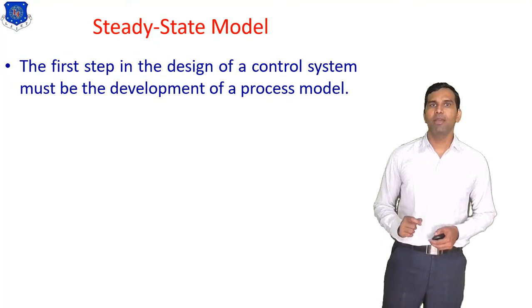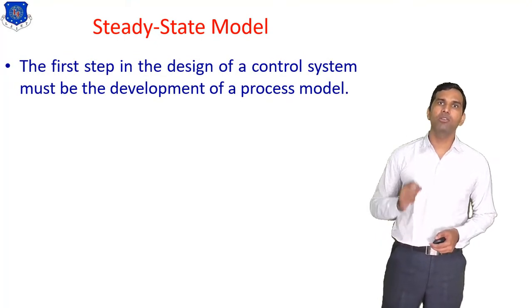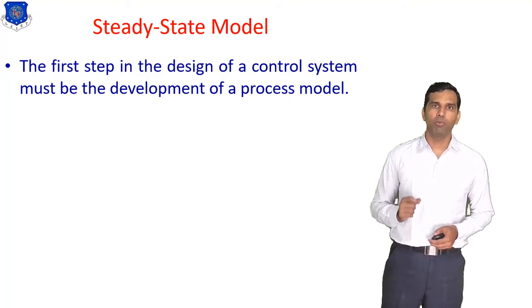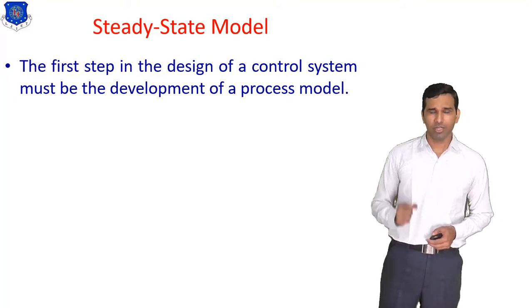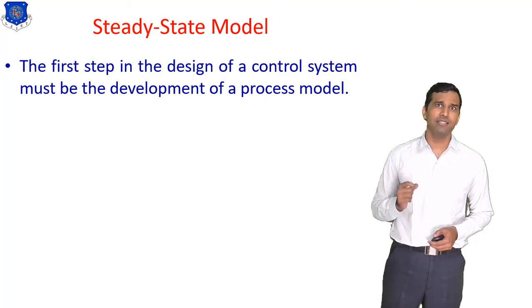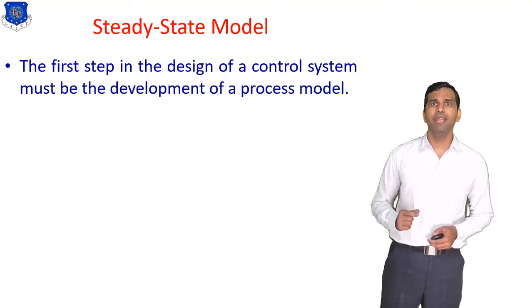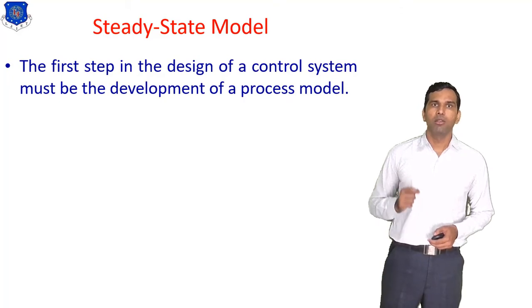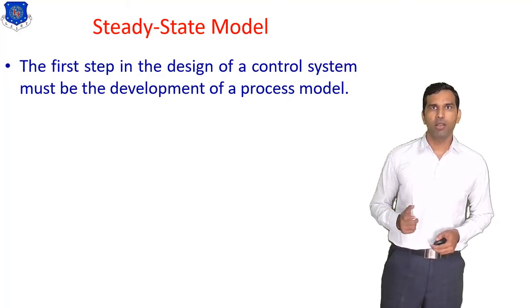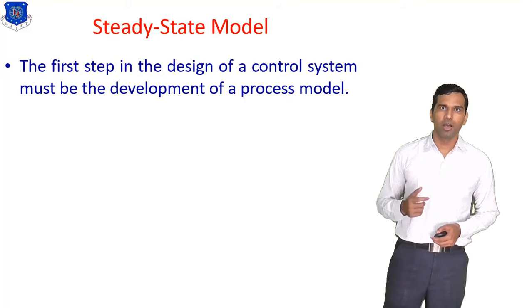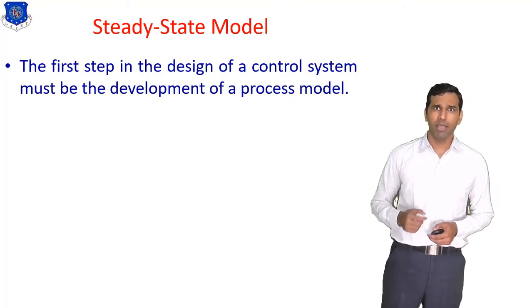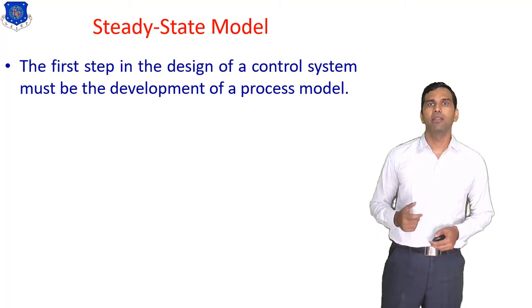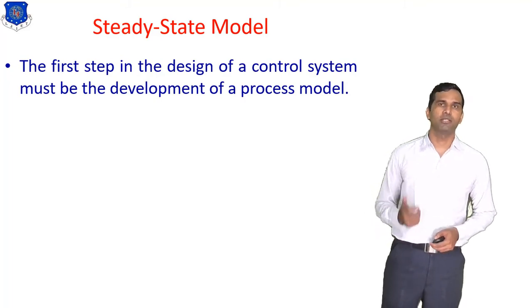The first step in the design of a control system must be the development of a process model. This is the essential step of any control system, because by using this process model we can predict the output of the system.